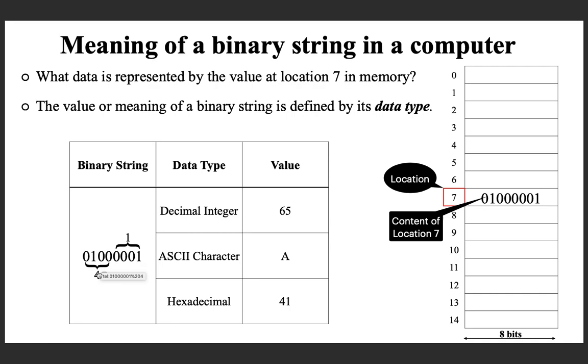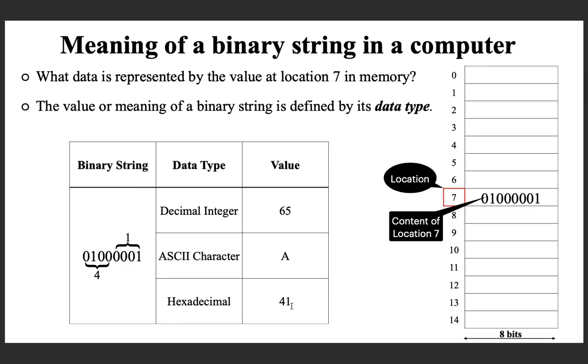So the take home from this slide is that data type is a very important concept for any programming language, and the first aspect defined by a data type is the meaning for a binary string. Depending on the type, it could be 65 or capital A or 41 or whatever. Now we can see other aspects of a data type.